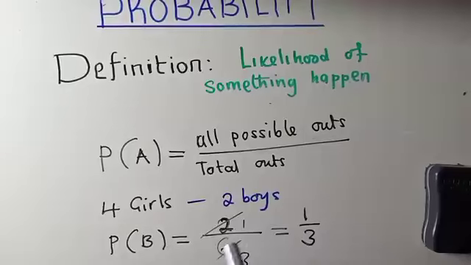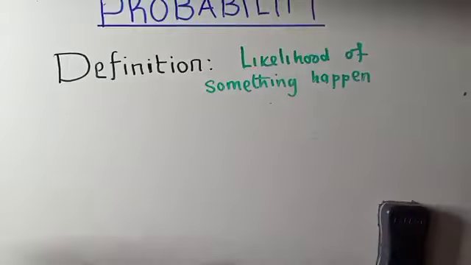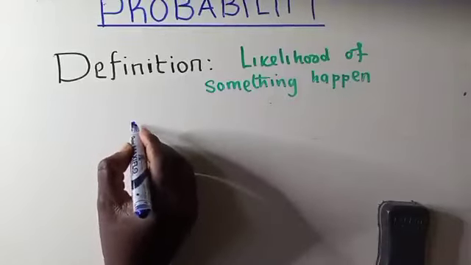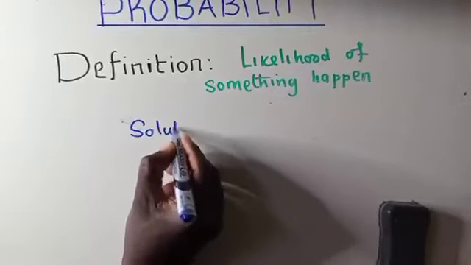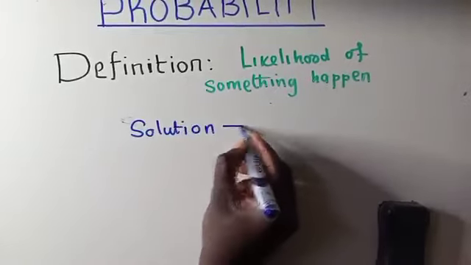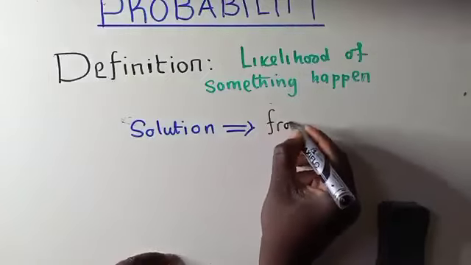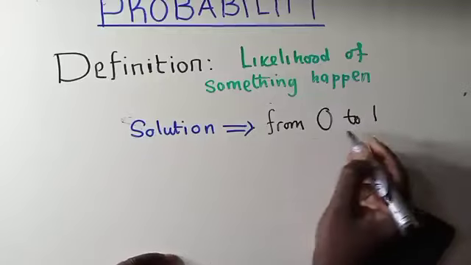All right. So let's do some other examples so that we understand how it works. Actually, before we go to other examples, keep this point in your mind. It's also very important. Your solution or answer must be from 0 to 1.